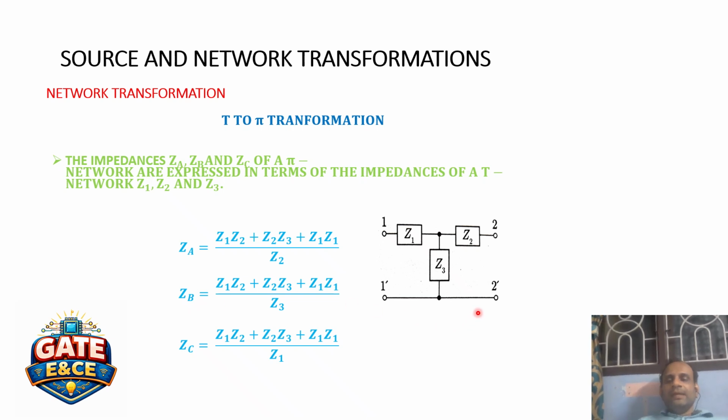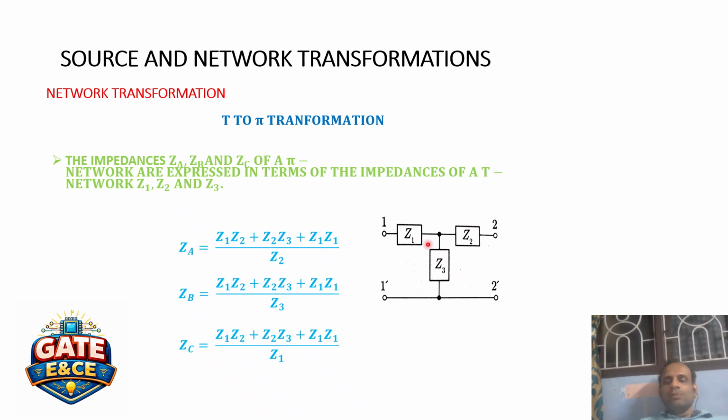Similarly, ZB, which is the impedance across 1 and 2. ZB is across 1 and 2. So Z1Z2 plus Z2Z3 plus Z3Z1 divided by Z3.